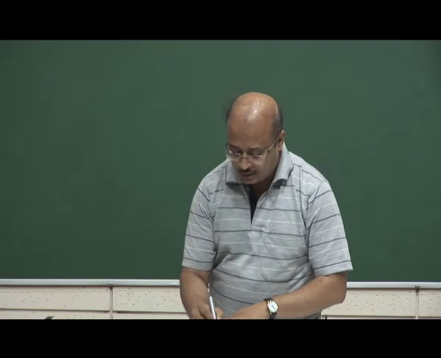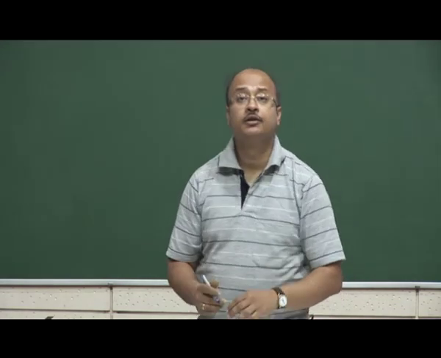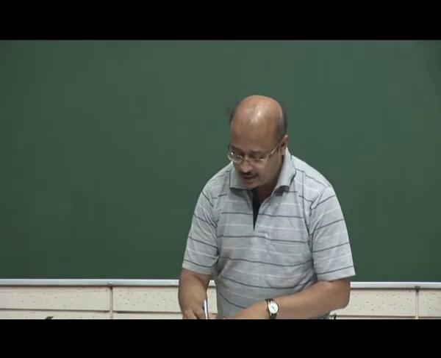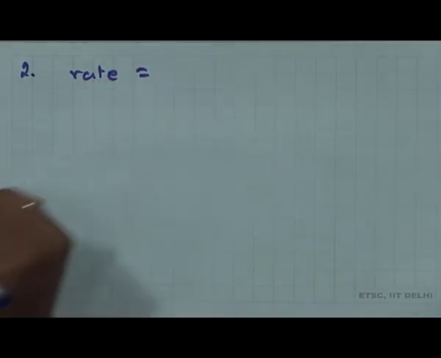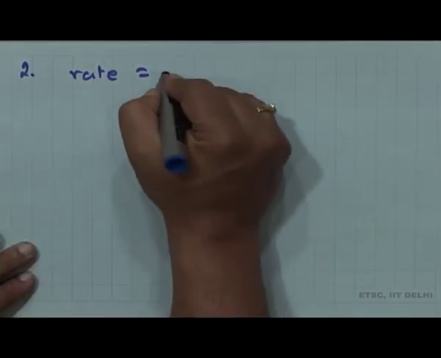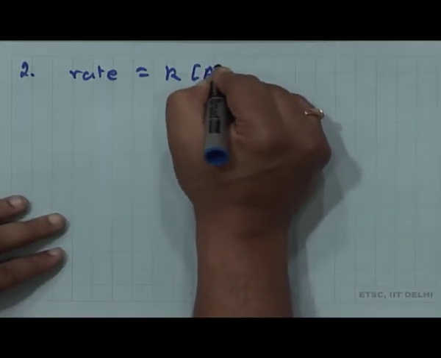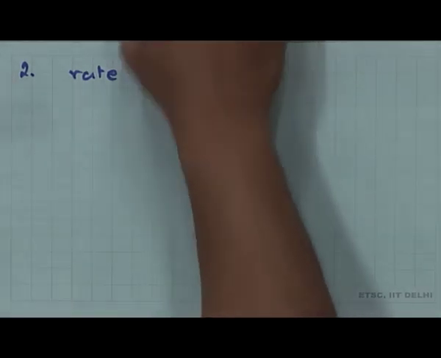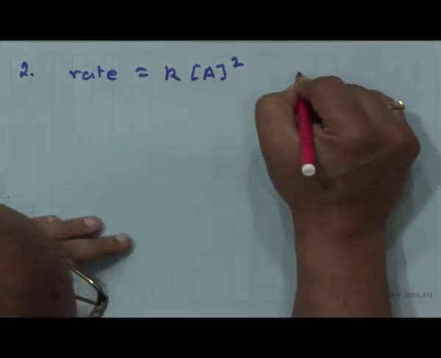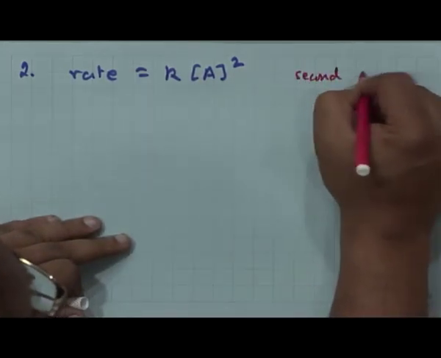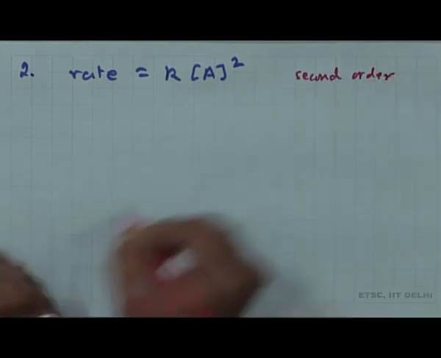However, if we take the case where the rate is equal to K times the reactant A raised to the power 2, obviously we say it is a second order reaction.